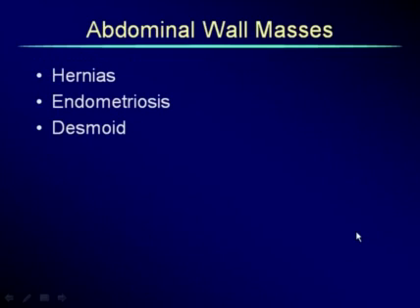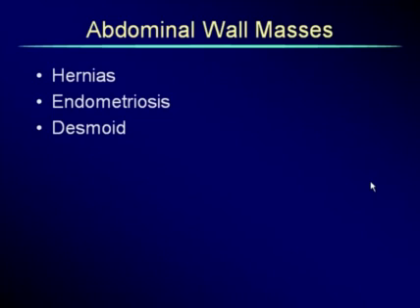In conclusion, I would like to talk a little bit about some abdominal wall masses, because patients who come for a pelvic ultrasound because of pelvic pain could actually be having pain related to the abdominal wall. As you talk to them, they say, well, it isn't really down there that deep, it's really over here.